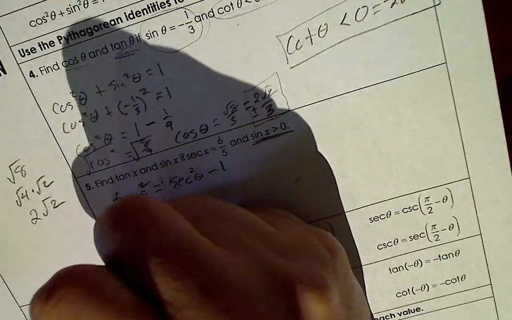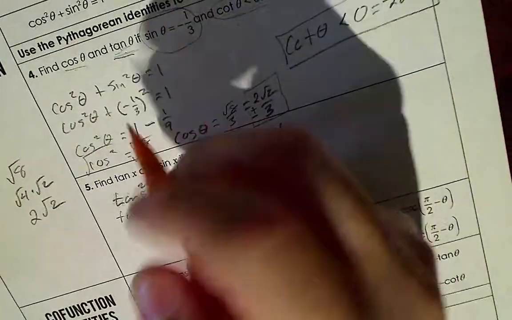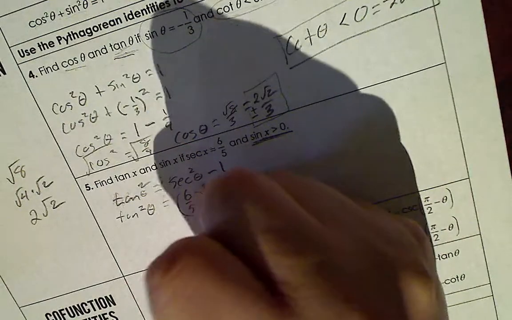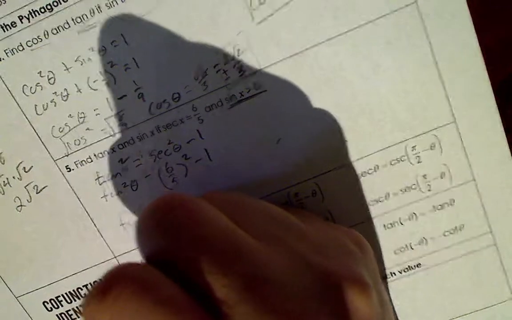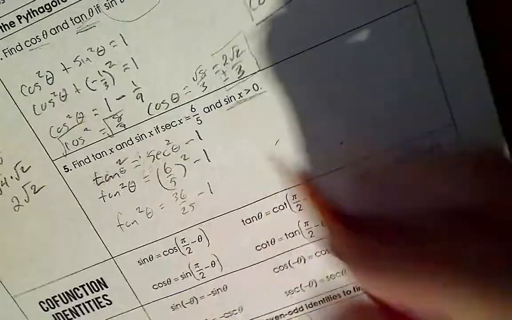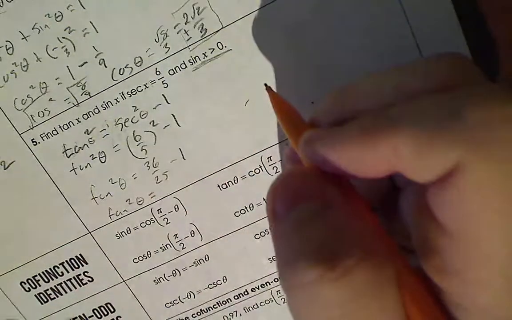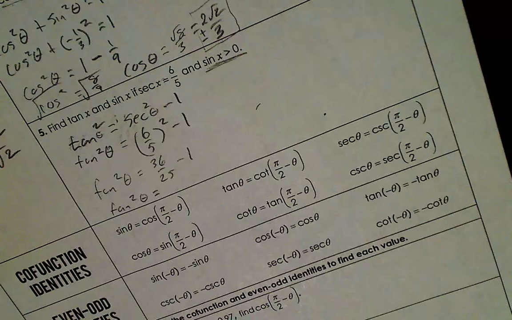Okay. So tangent squared theta, or x, I keep using theta and x interchangeably, becomes (6/5) squared minus 1. So the tangent squared of theta is equal to 36 over 25 minus 1, which is going to be, this is going to be ugly. 36 minus 25 is 11, I believe.